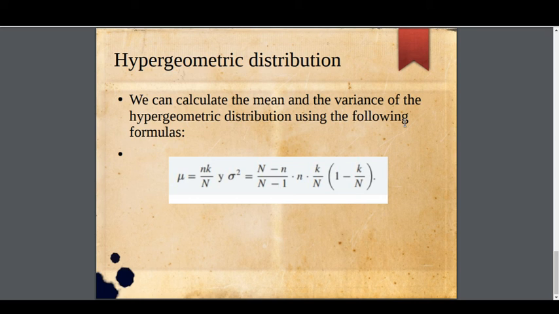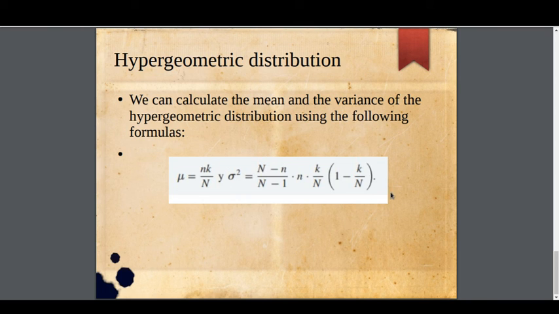The mean is n, which is our sample, times K, which is the subset of successes, and we divide all that by capitalized N. And the variance is this expression here.